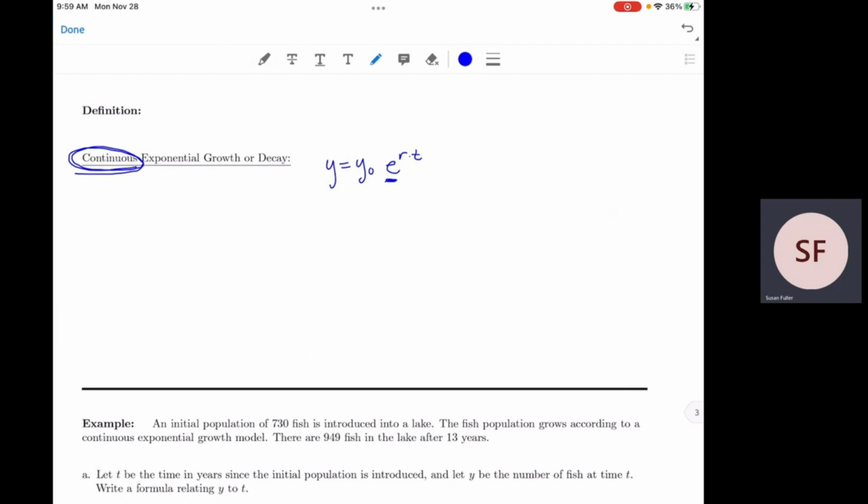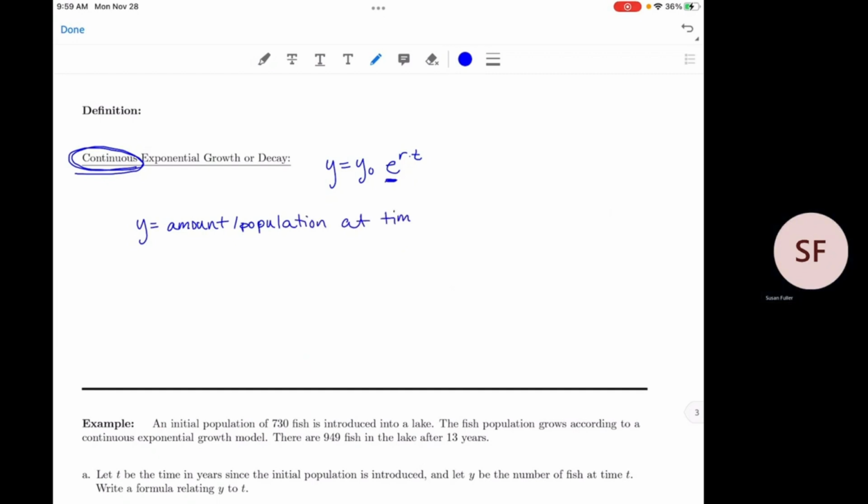Now, all of these things are going to feel very similar to what we've been doing. Our value of y here is going to be the amount or the population at time t. T, again, is going to be our time.